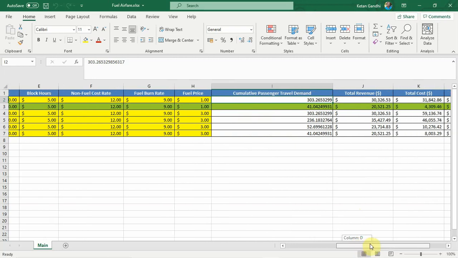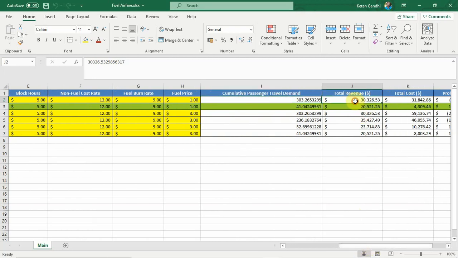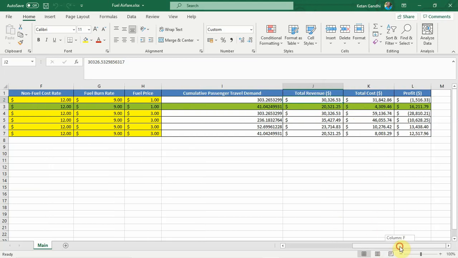The revenue generated is $303,265.3. Revenue is the number of seats times the airfare. So we get the revenue, and then the cost is calculated.